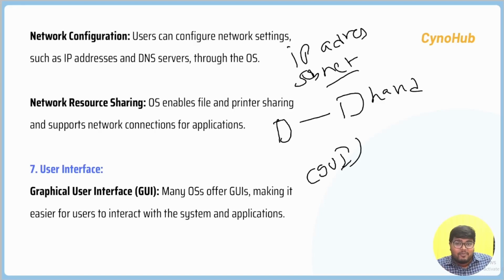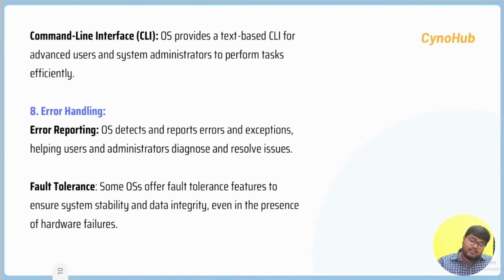Previously there was the command prompt. In the command prompt, there is no clicking on the file; to open a file you must write the command. So this is the new functionality added in the operating system, the GUI. Now, command line interface: you have to type the file name, otherwise you can't open the file.